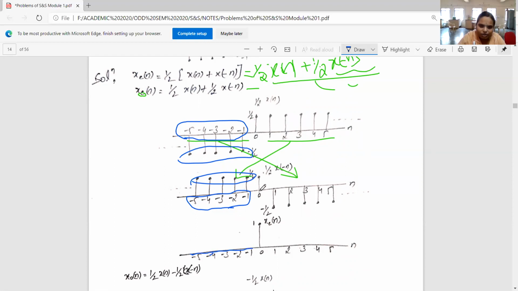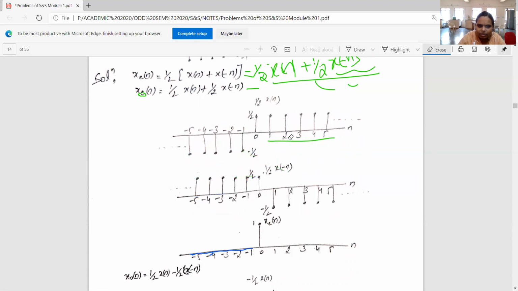Then at 0, what do we have? Here it will be half, and here the amplitude is also 1 by 2 only. 1 by 2 plus 1 by 2 you will get 1. At 0, you will get the sample amplitude as 1.